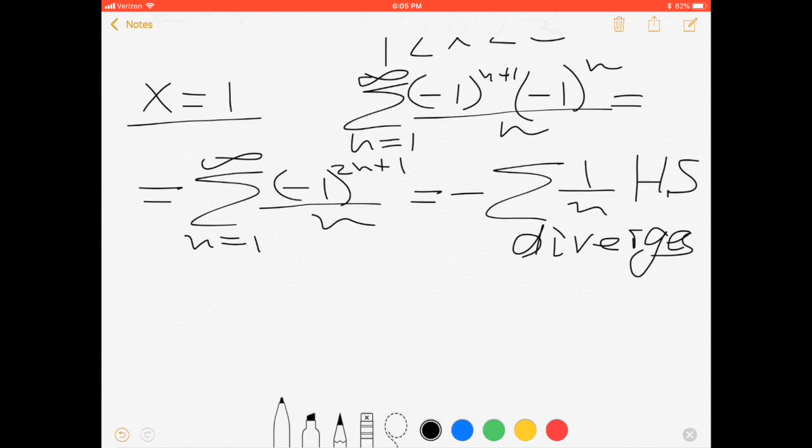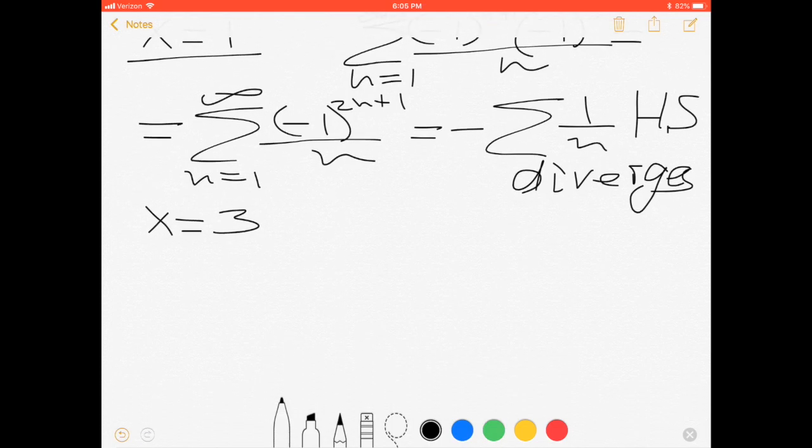What happens if x is negative 1? Oh, sorry, what is it? It's 3. We don't have the endpoint negative 1; I'm only skipping. x is 3. This means you plug x equal 3 into your function.